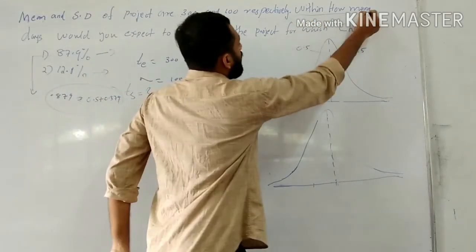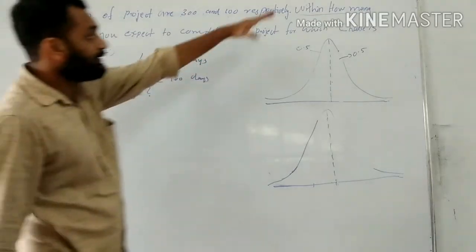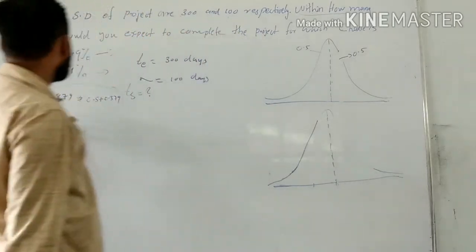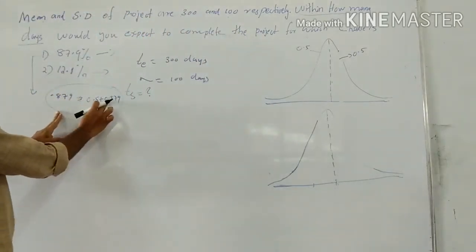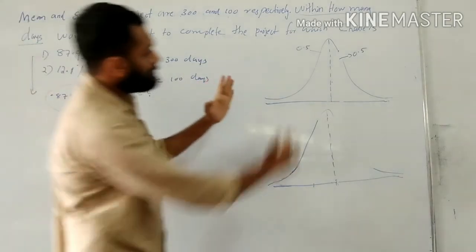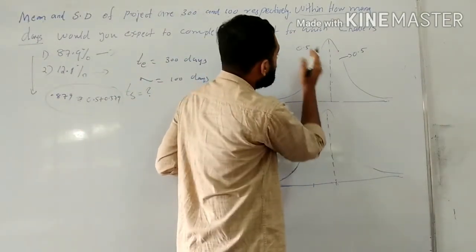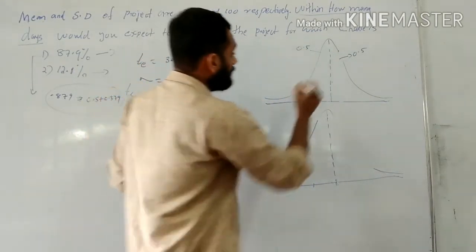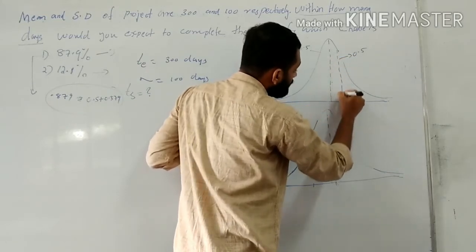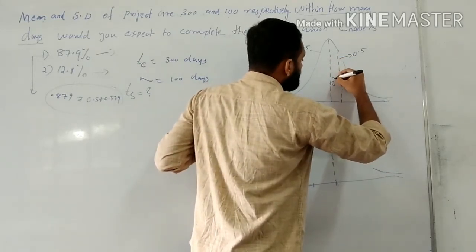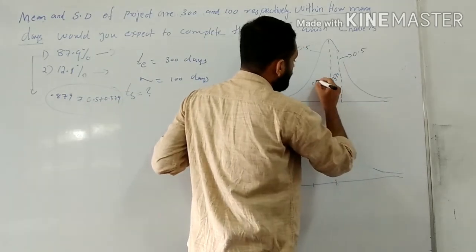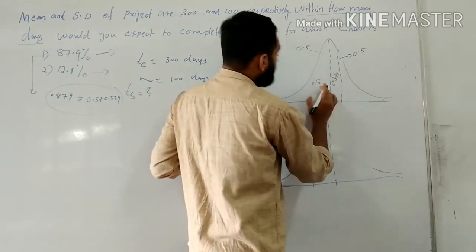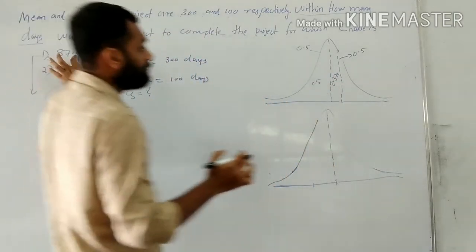The question is within how many days, so the area will go to the left side of the normal curve. So this whole left side part is 0.5, plus 0.379. 0.5 plus 0.379 is 0.879, or 87.9%.